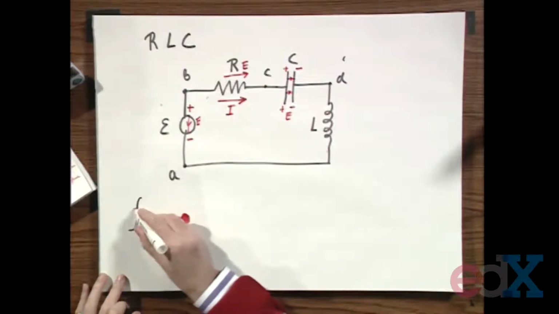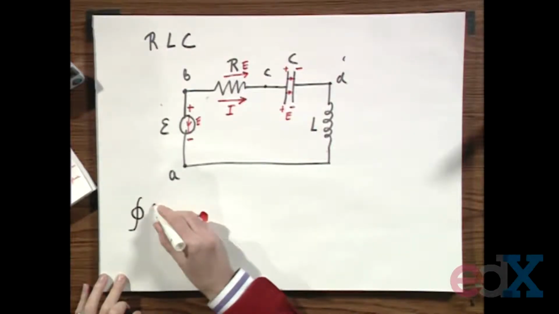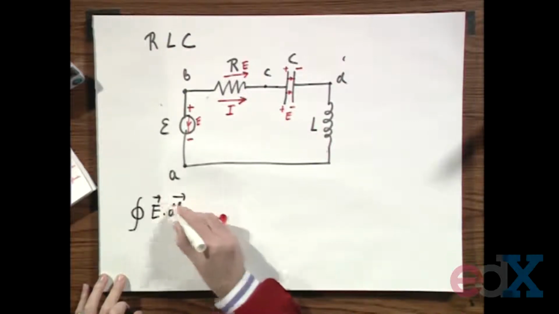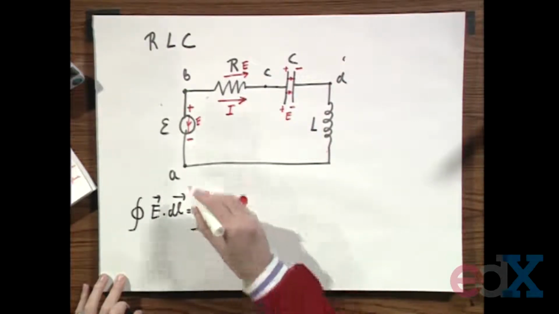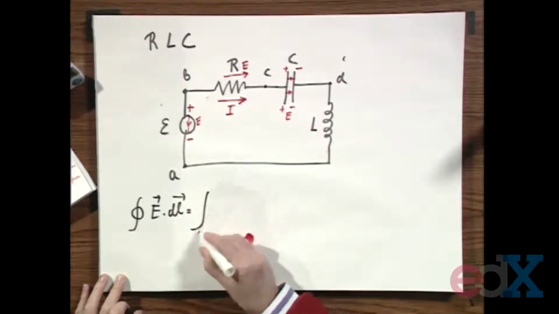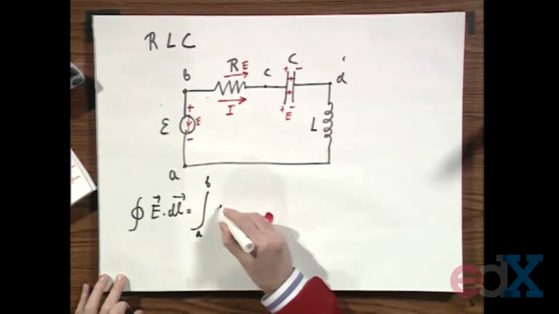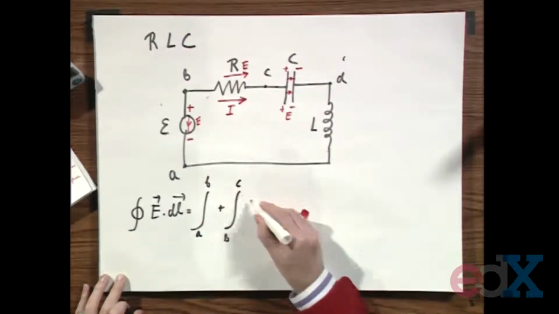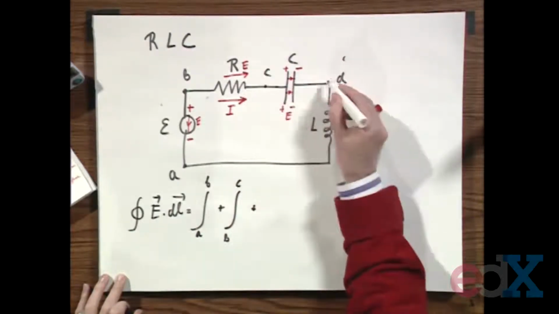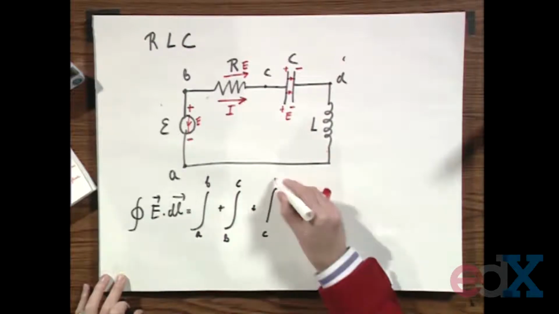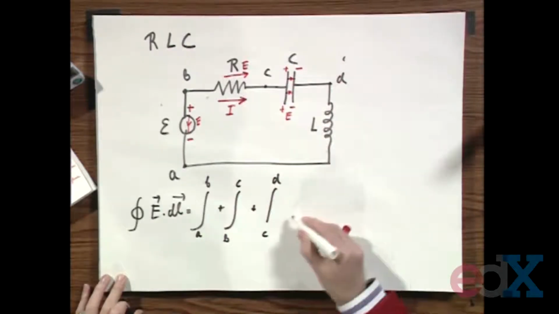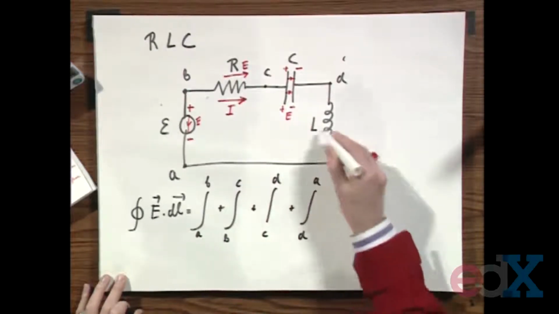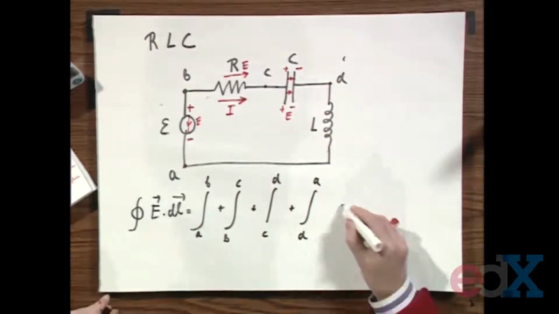So here comes Faraday's law, the closed loop integral of E dot dl. I split that up in the integral in going from A to B, plus the integral in going from B to C through the resistor, plus the integral in going from C to D through the capacitor, plus the integral in going from D back to A through the self-inductor.